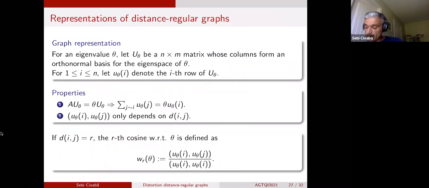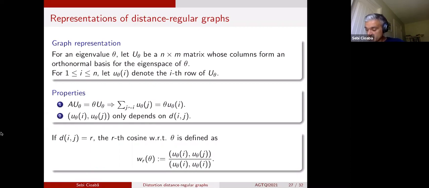So basically, you can reformulate everything that Valentin did in terms of these cosine sequences. The representation of a distance regular graph is a chapter in a famous book on algebraic combinatorics, and you can find all the details there. For each eigenvalue, you can define this sequence of cosines.